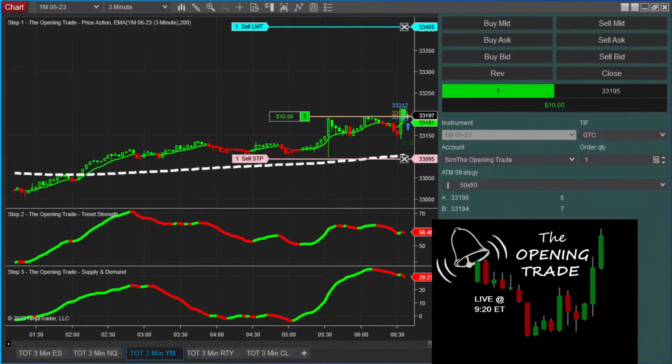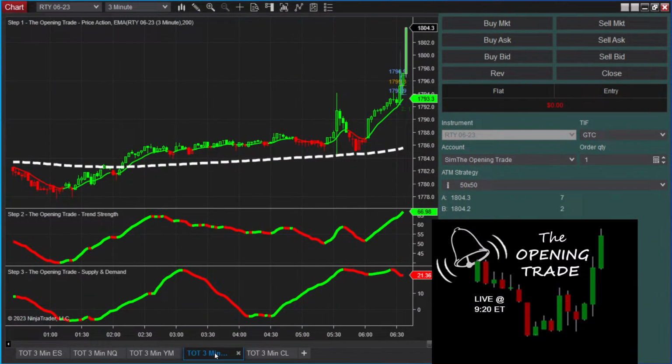Okay, so we're still in this automated trade. We have less than a minute before we could potentially see another automated trade fire off. The next automated trade that potentially could fire off would be here on this chart on the Russell.